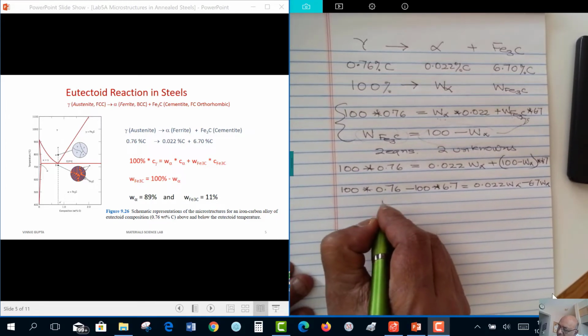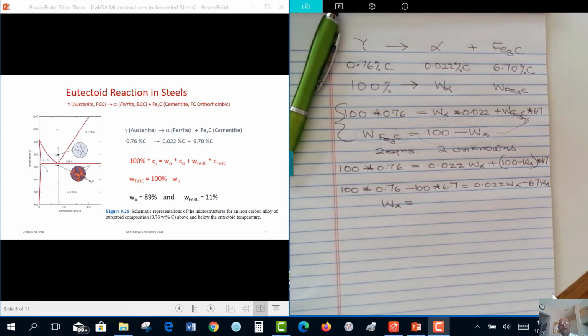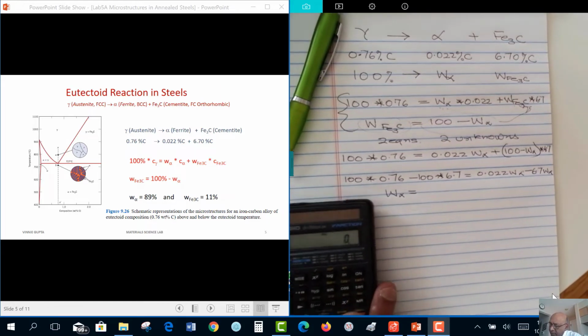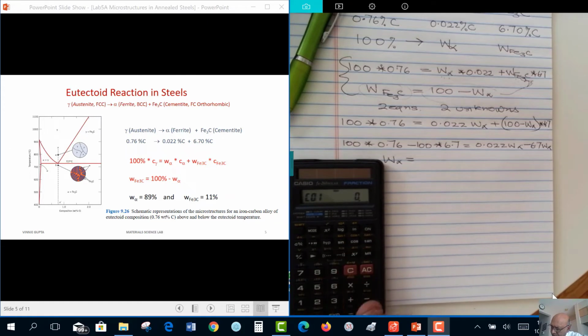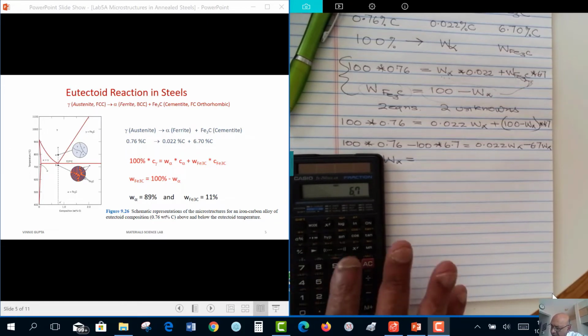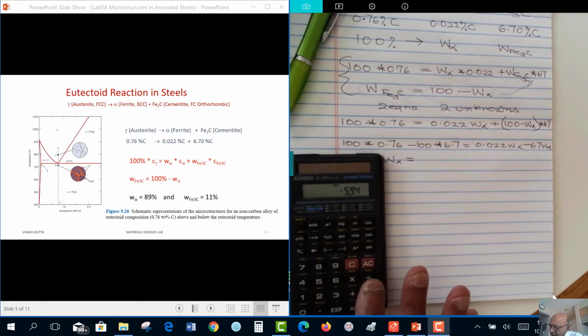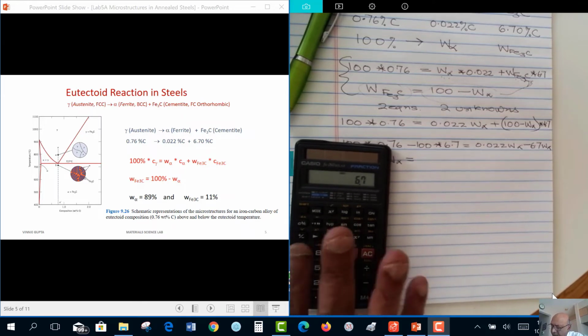So now we can solve for just W alpha. I use my calculator: 100 times 0.76 minus 6.7, divided by 0.022 minus 6.7.